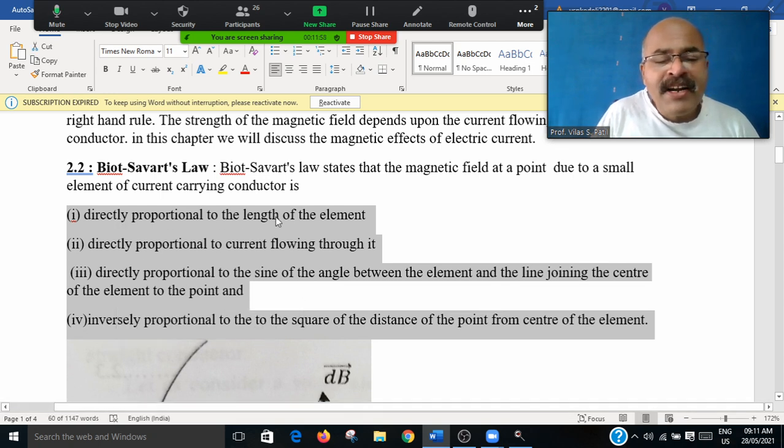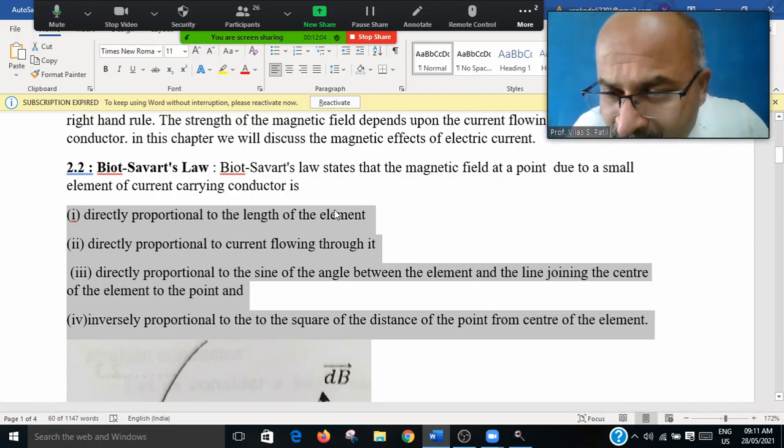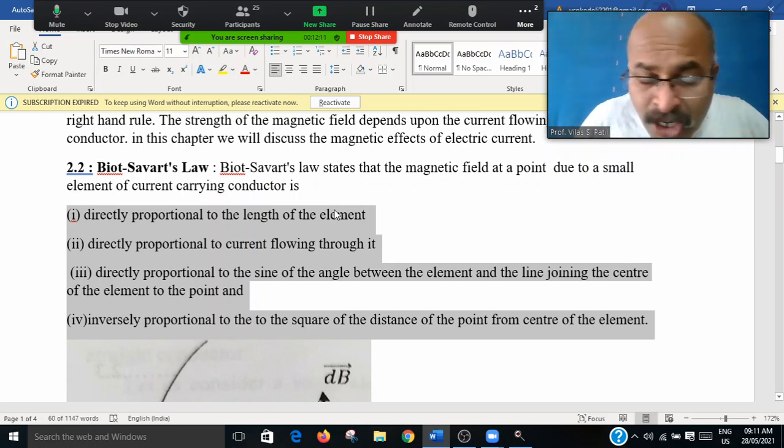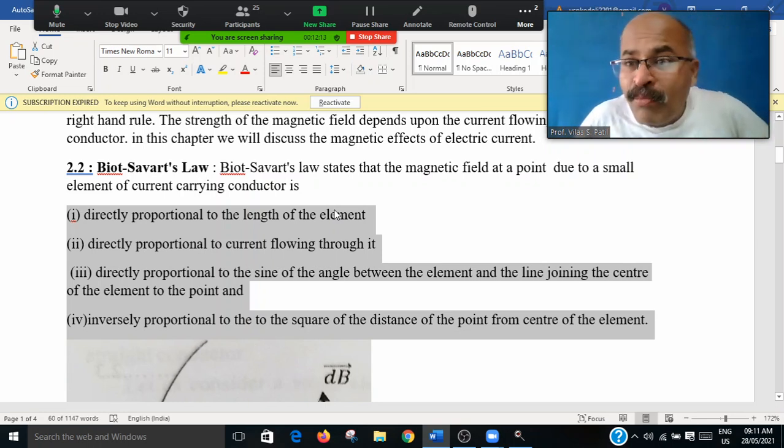It is directly proportional to the length of the element. It is directly proportional to the magnitude of the current flowing through it, and directly proportional to the sine of the angle between the element and the line joining the center of the element to the point.